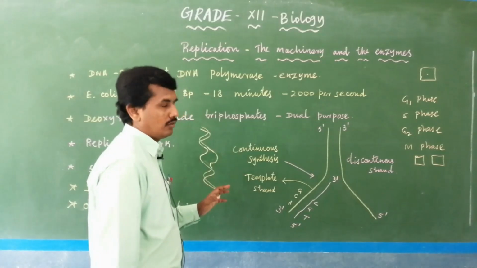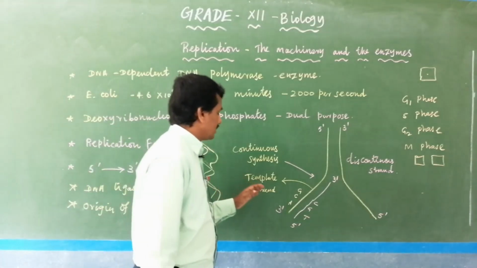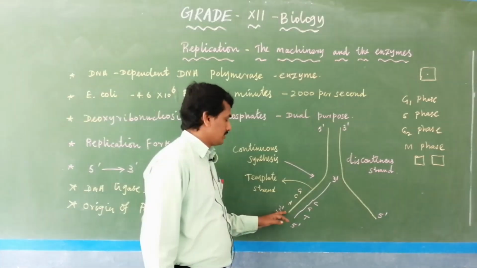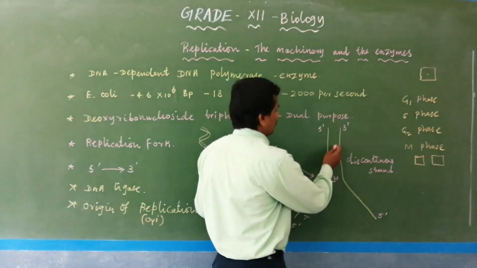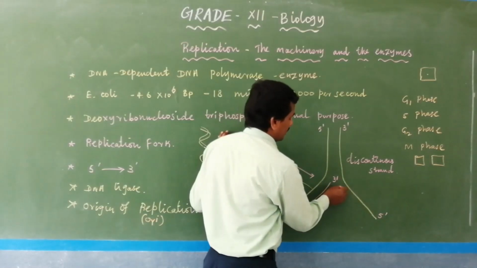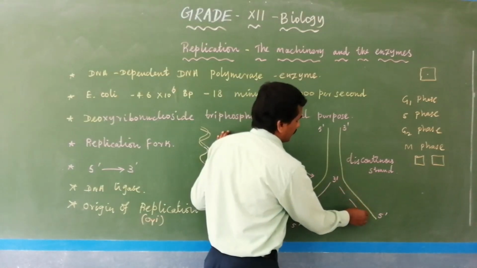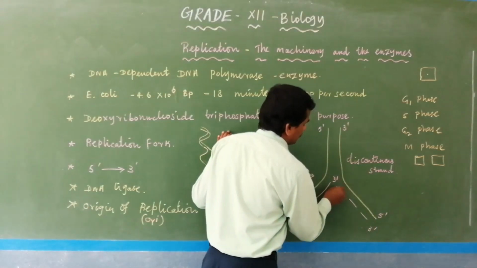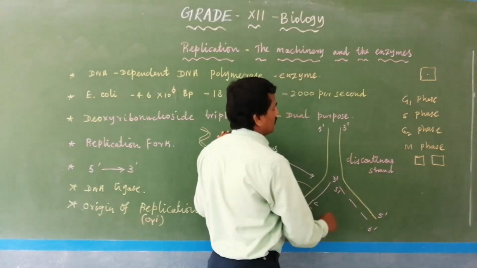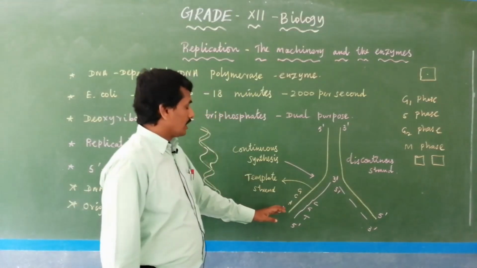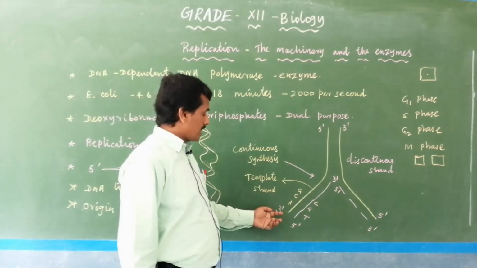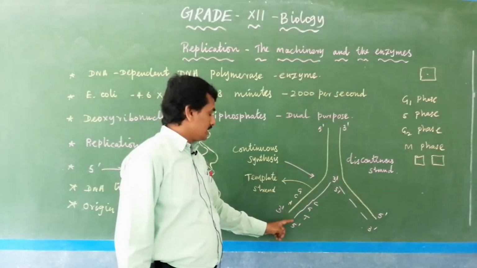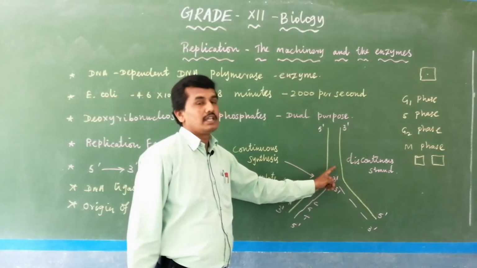So, always that is the rule. Here is the template strand, and the synthesis moves continuously to the end. Then from this side, here 3', here 5', this is actually a discontinuous strand. The template strand with 3' to 5' polarity, the DNA is formed continuously.